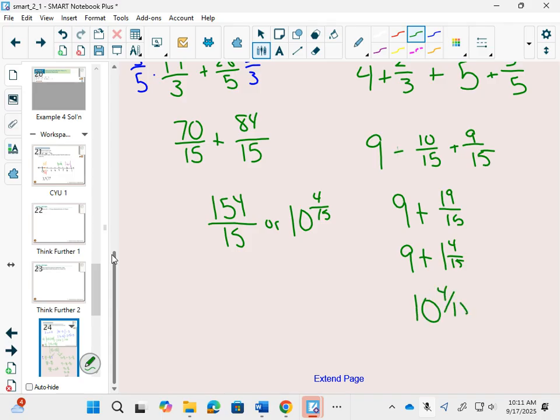So I have 10 and 4/15. And the biggest number here I had to deal with was, I got up to a 10 when I was multiplying. When I got up to a 19. That's pretty intense, I know. So sometimes we can do things in other ways to make our math numbers a little bit easier.